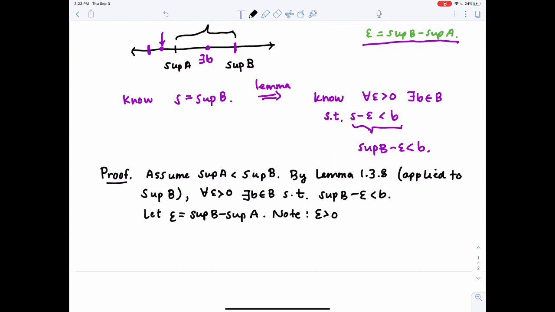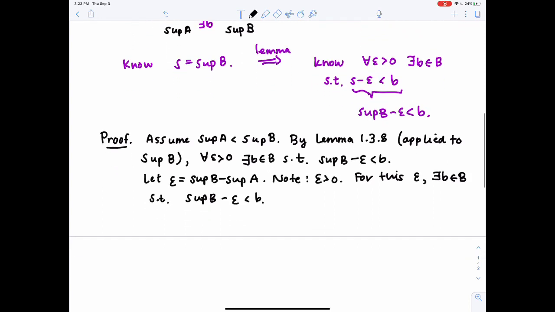That's because we started with the assertion that sup A was smaller than sup B. So for this epsilon, there has to exist a little b in B such that sup B minus epsilon is less than b.